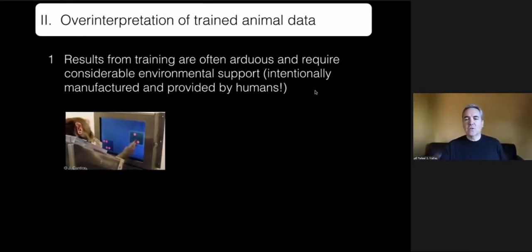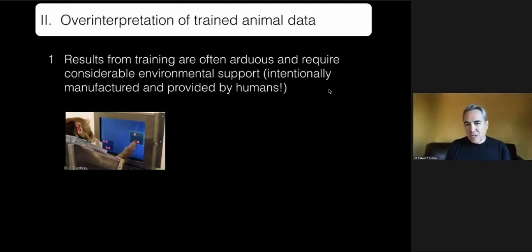Another point here is the overinterpretation of trained animal data. There's really huge, beautiful work done with animal cognition, looking at training capacities, how far you can push in training different organisms, different animals, different species to learn certain things. There's no discussion that some of the results are really interesting and astonishing.